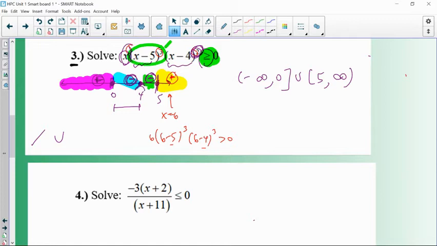This is one of those really weird answers because there's one more point that works, right? Because remember the theme was greater than or equal to 0, right? There's one point that's equal to 0 that's not part of my interval, and that point is 4. So I have to somehow say also 4, union the point 4.